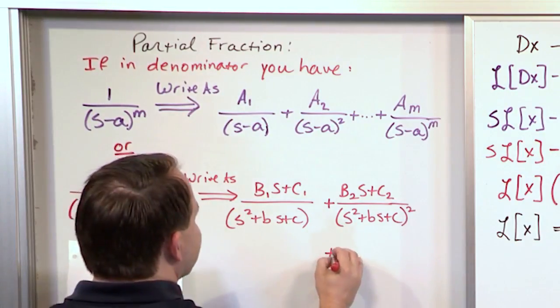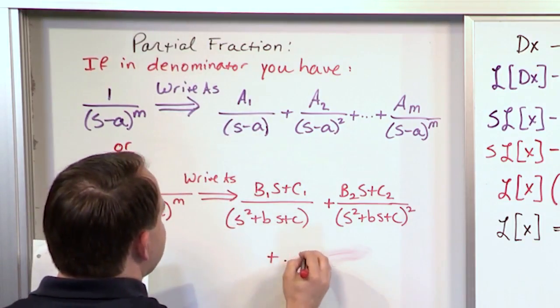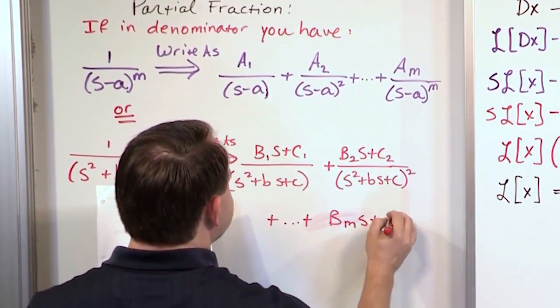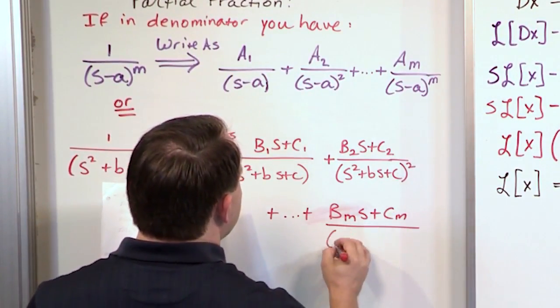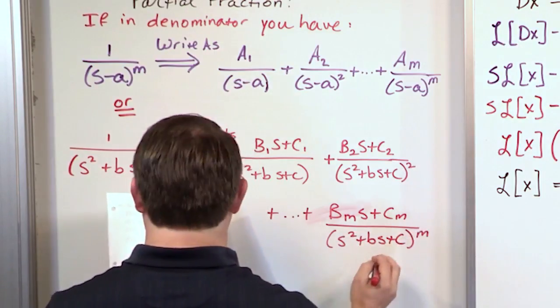And then I'll say plus dot dot dot. Let me scoot over a little bit so I have room. Plus dot dot dot plus bms plus cm over s squared plus bs plus c to the mth power.